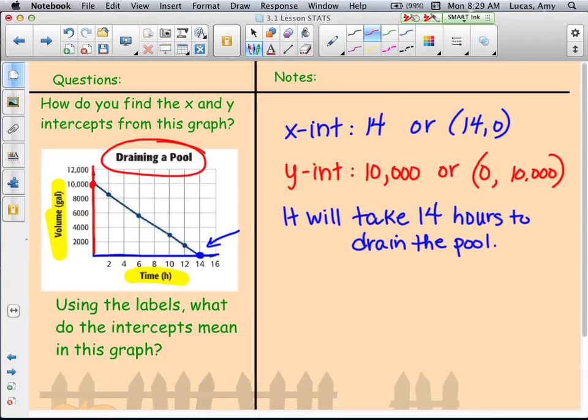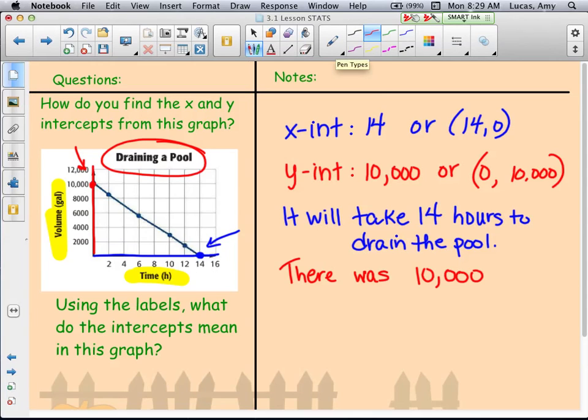Okay? And if I look at my y-intercept, 10,000 gallons, I'm going to say there were 10,000 gallons of water. There was. Change my word.